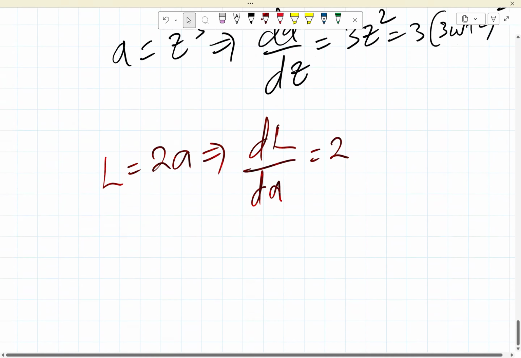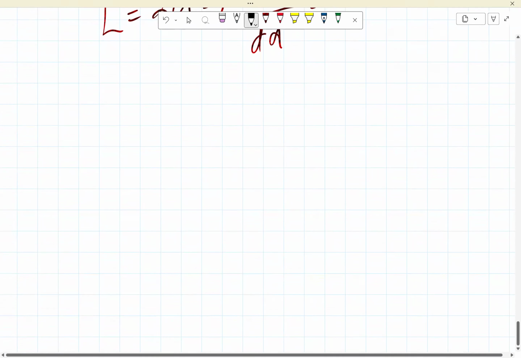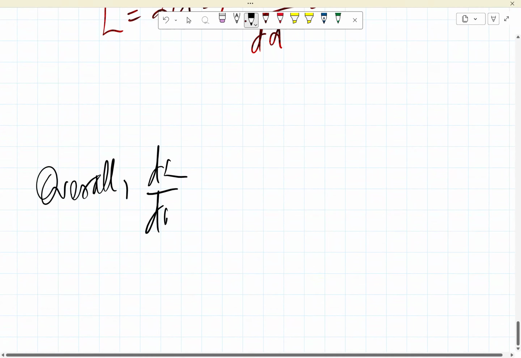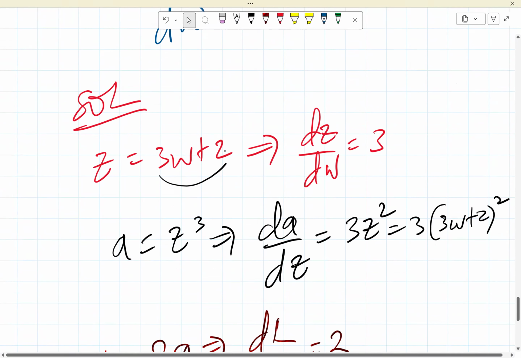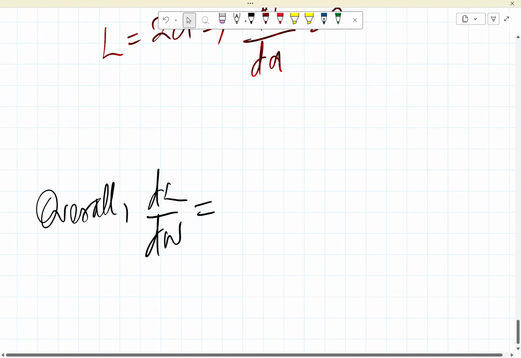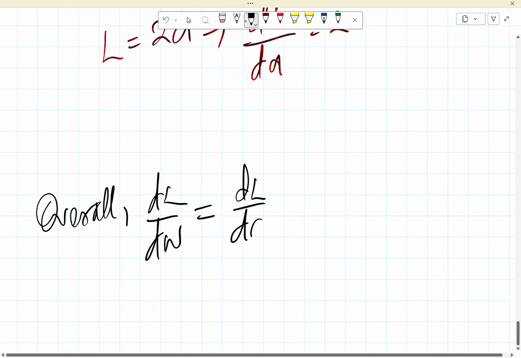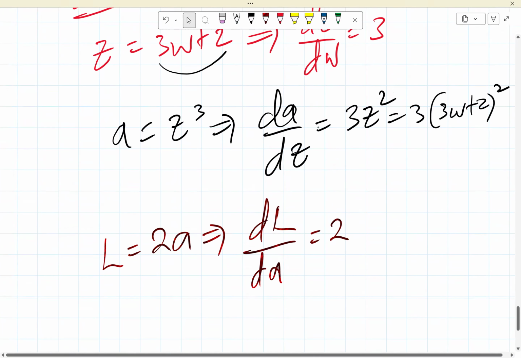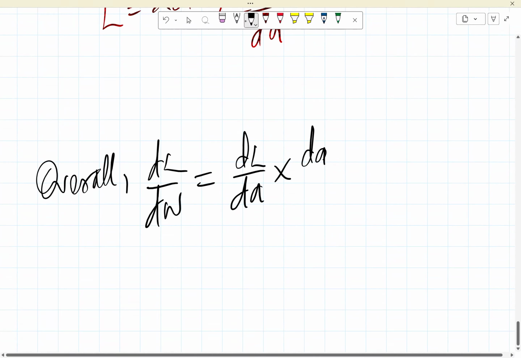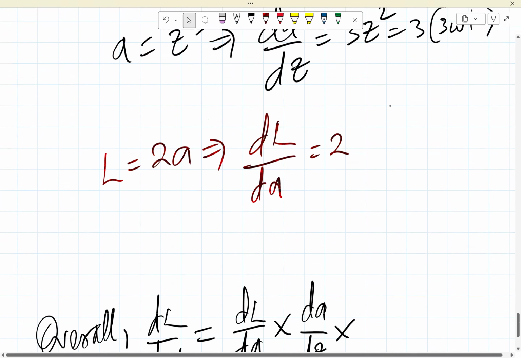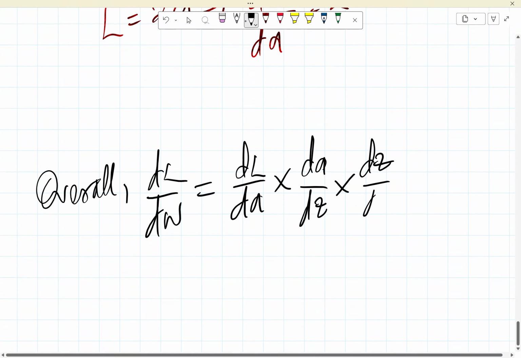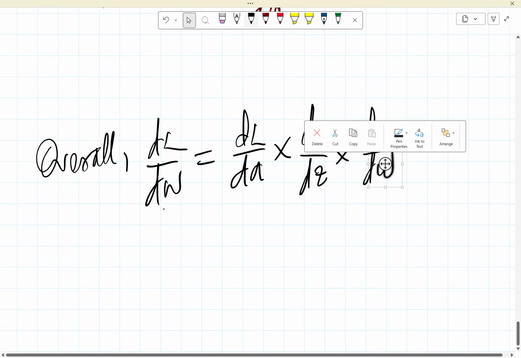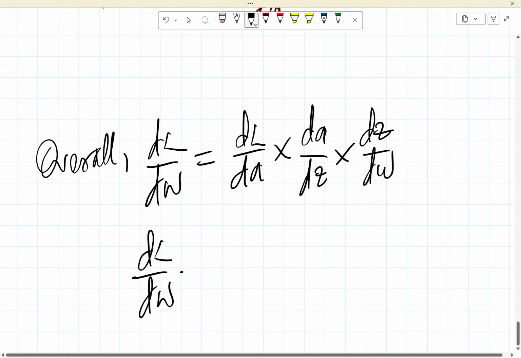So overall, dL/dW is equal to dL/dA times dA/dZ times dZ/dW.